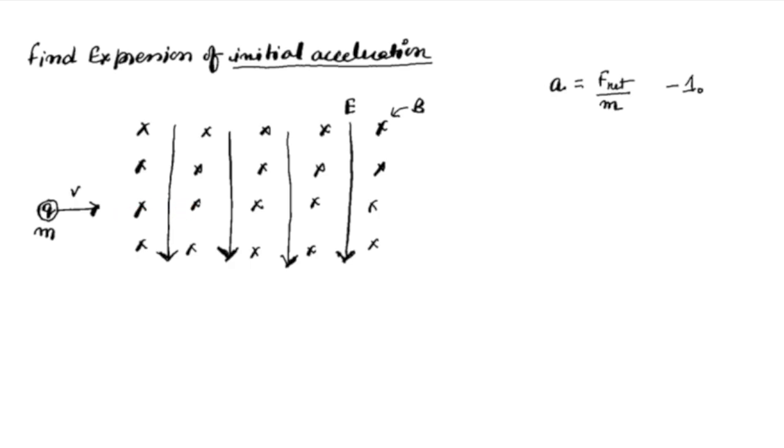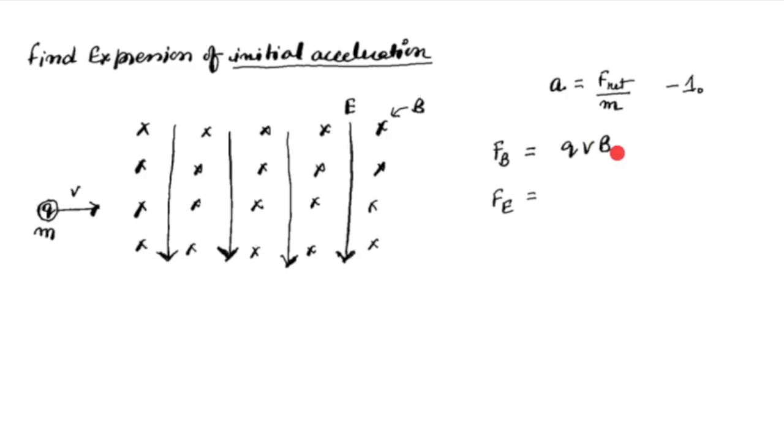First, there is a magnetic field, so there will be a magnetic force. And there is an electric field also, so the electric force will also apply. Let's discuss the magnitude of both of them. Magnetic force is given by the expression qvB sin theta.